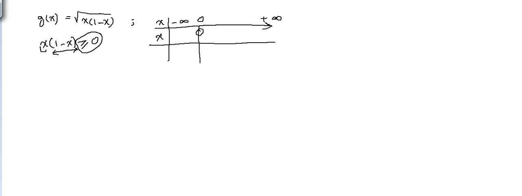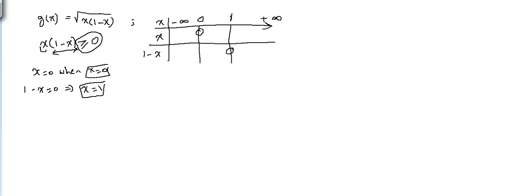And 1 minus x is equal to 0 if x equals 1. Take x to the other side.